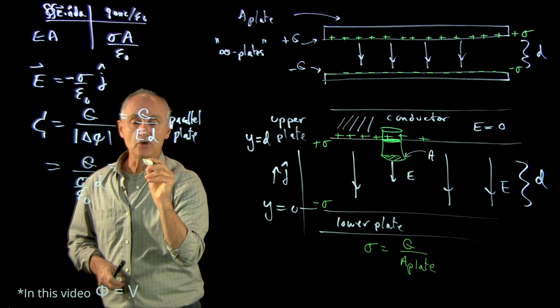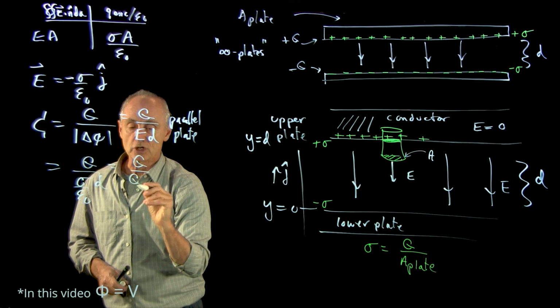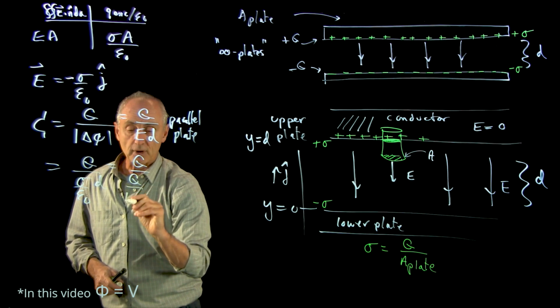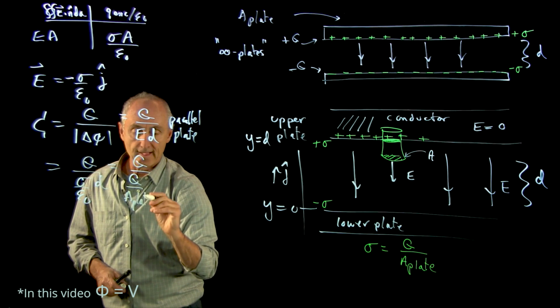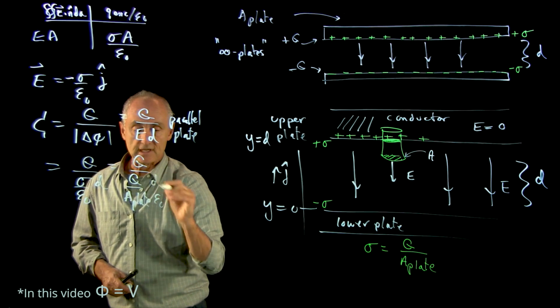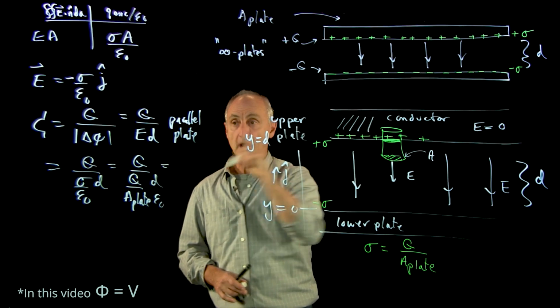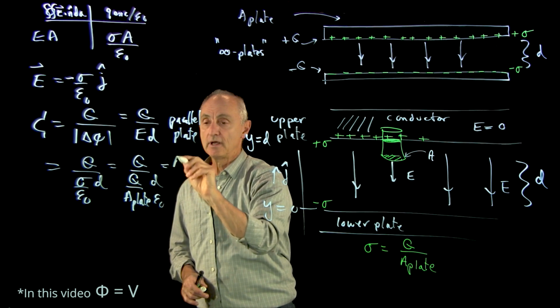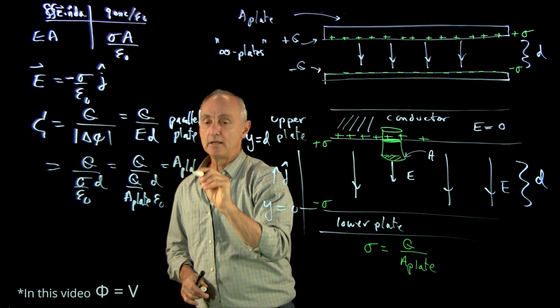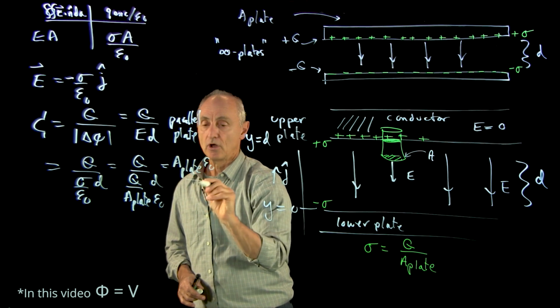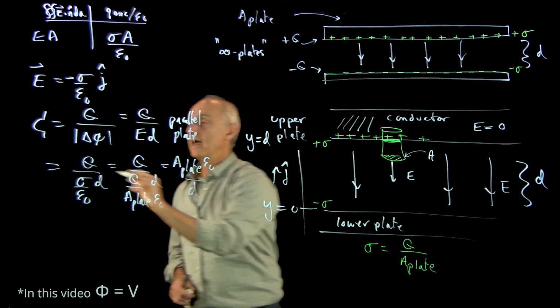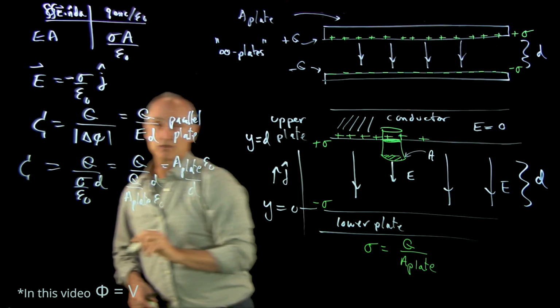And so we get Q, the total charge on the plate, divided by the area of the plate times epsilon naught d. And we get a formula for just the parallel plate capacitor. It's the area of the plate, epsilon naught over d, and that is our capacitance.